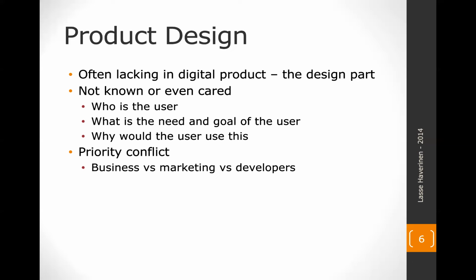For example, marketing promises that this will be ready for Christmas, and there is a big marketing campaign with TV ads, printed ads, online ads and all this. Then the reality is that the product might not actually be possible to have ready by Christmas.